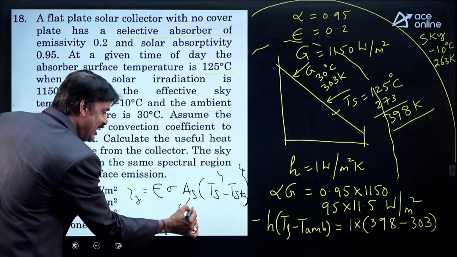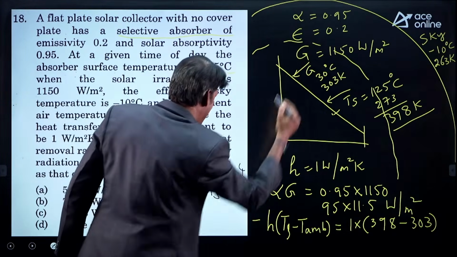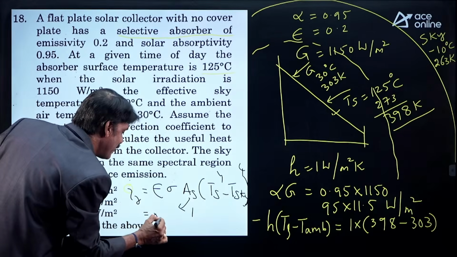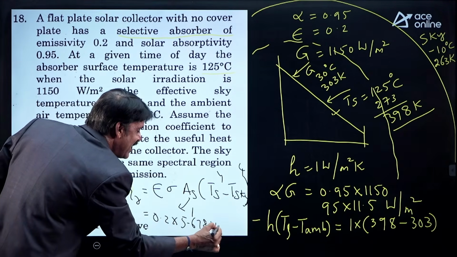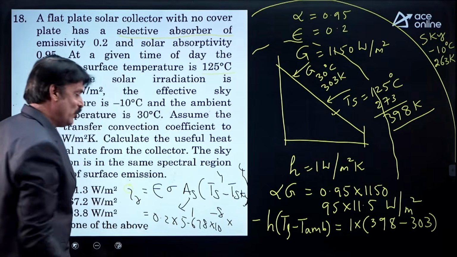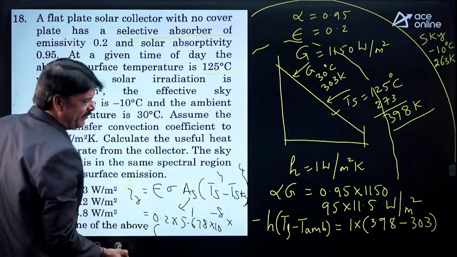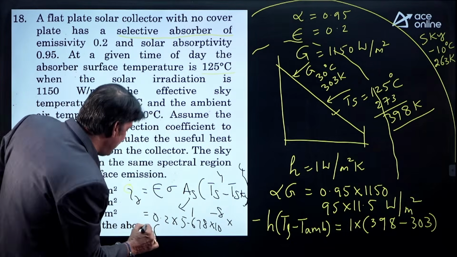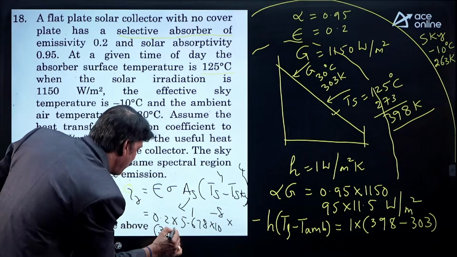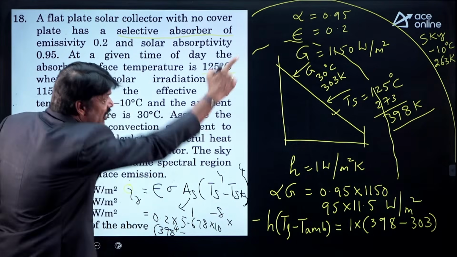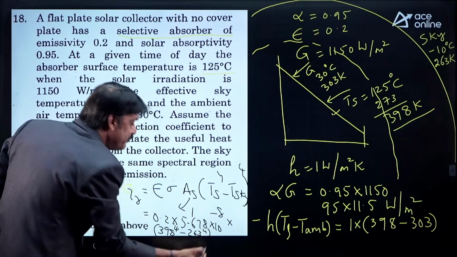And as I am calculating per unit area, this value of emissivity he has given as 0.2, sigma is 5.678 into 10 to the power minus 8, into surface temperature 398 to the power 4 minus sky 263 to the power 4.